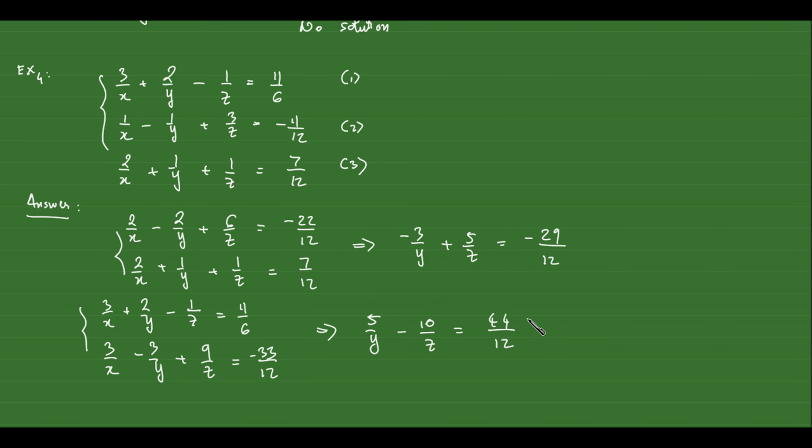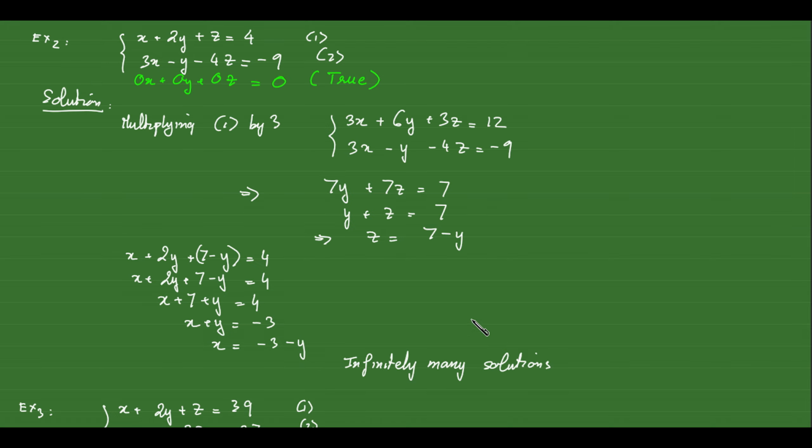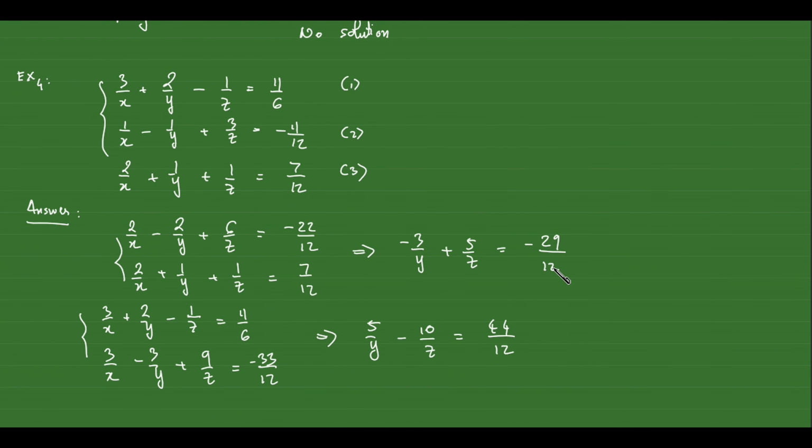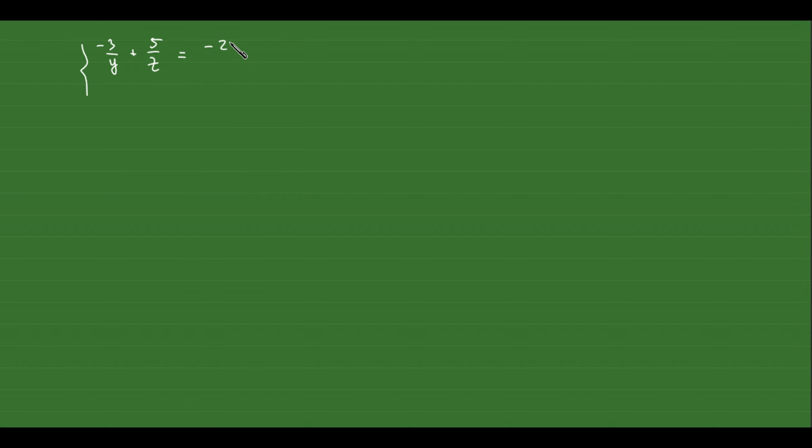Now what do we have here? Originally we had 3 variables. Now we have simplified into 2 variables. Now we're going to combine this into a system of 2 variables. So let me jump to the next page here. So we have negative 3 over y plus 5 over z equals negative 29 over 12.